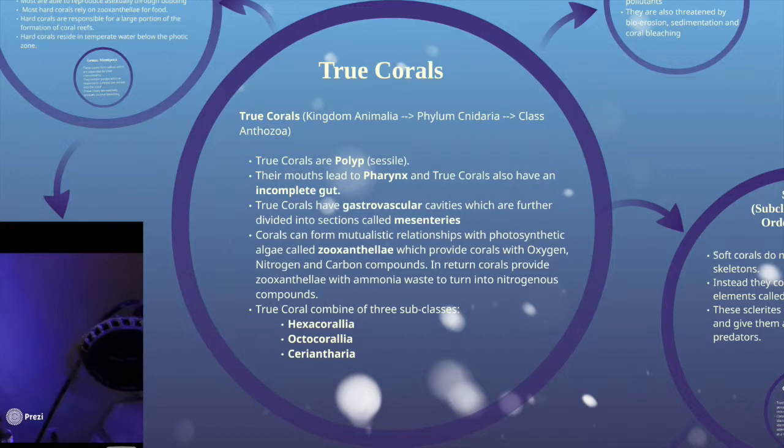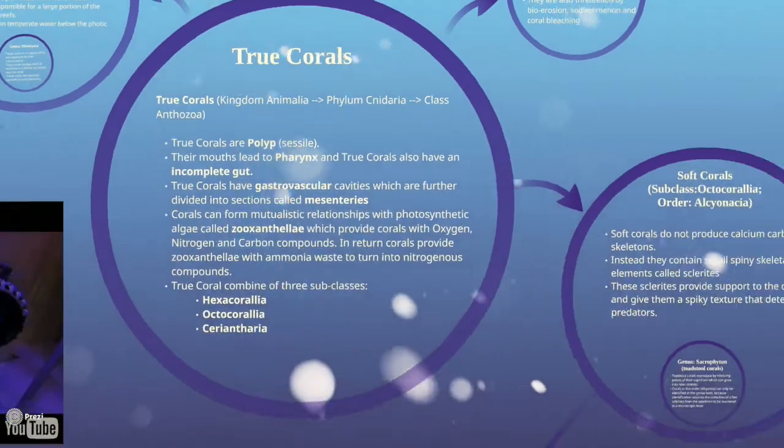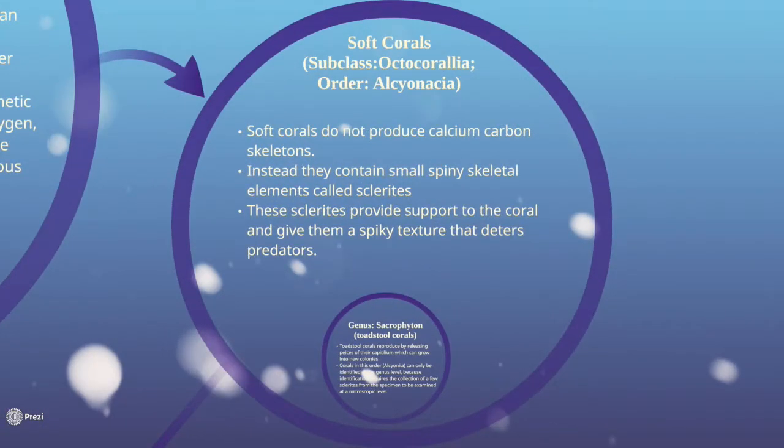So the true corals combine to form three subclasses, which are Hexacoralia, Octocoralia, and Ceriantharia. Today we're going to mainly focus on Hexacoralia and Octocoralia. So soft corals exist in the subclass Octocoralia and are the order Alcyonacea.